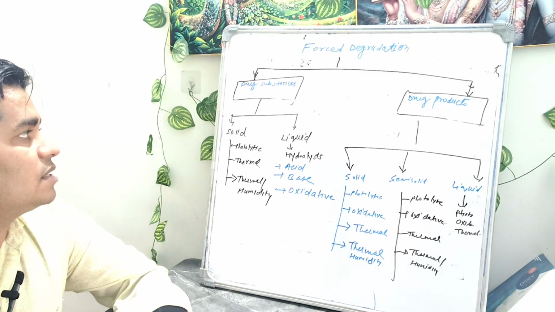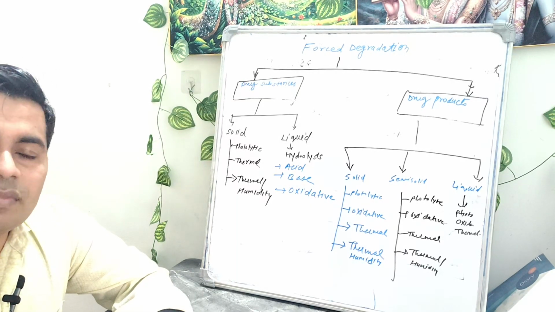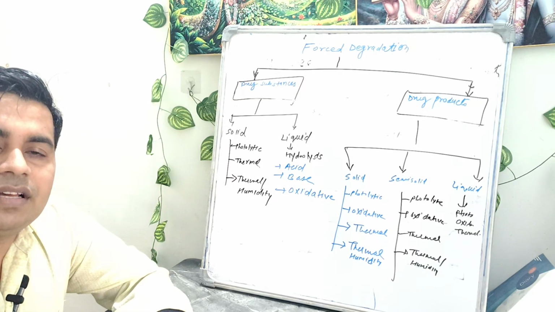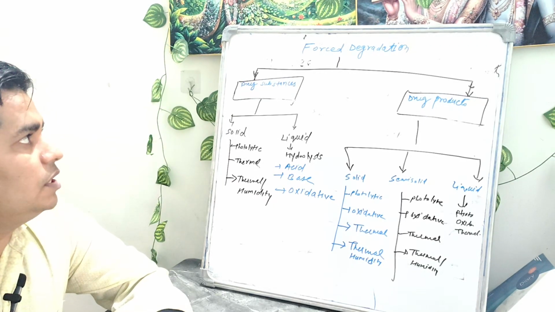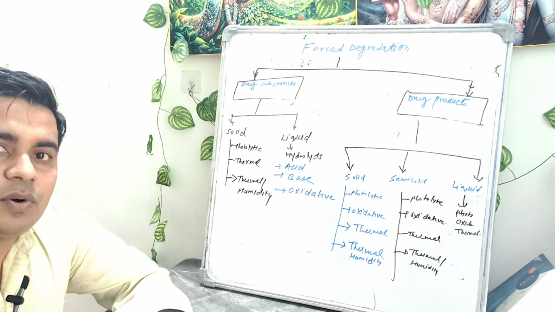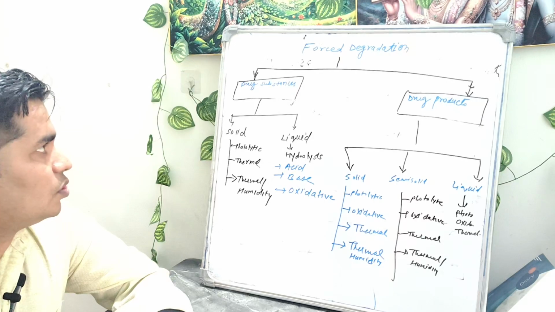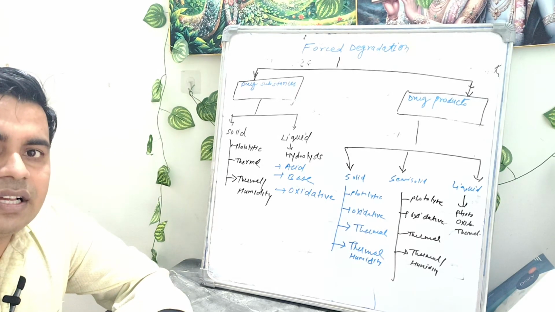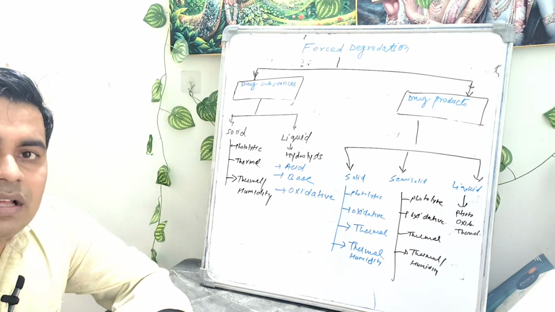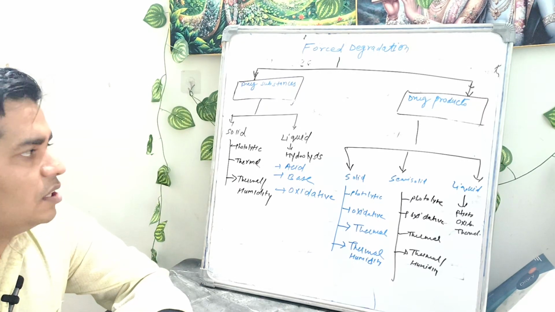The drug substance is a pure molecule, and the drug product is the drug entity plus excipient. So in this study we access the possible degradants in the drug substances and drug product. These studies are determined by some stages and some different variables.